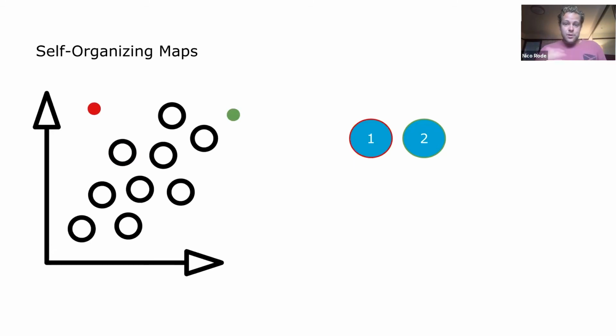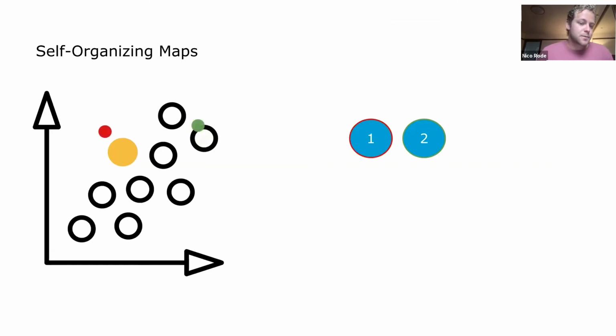And as you iterate through or you train, each epoch, you go to a data point and you just update the location of these weights, right? So the red one is closer, the green one is closer, you'll bring both of them in. Whereas in K-means you'd assign it to a cluster, right? But here you're just updating the weights.